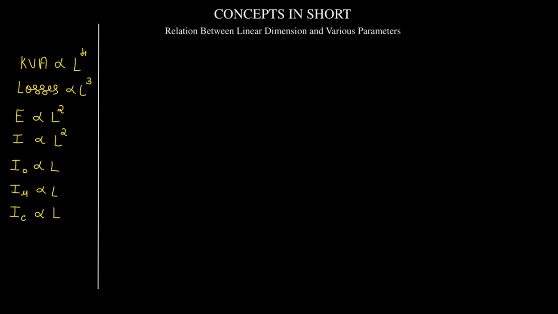Now, I will justify few of them on how this is derived. In the previous question, we saw that kVA of first transformer is 16 times kVA of second transformer, where we actually took linear dimension of first transformer as 2 times linear dimension of second transformer.